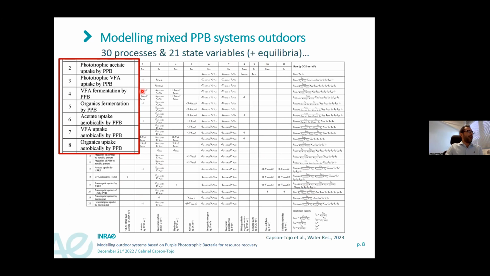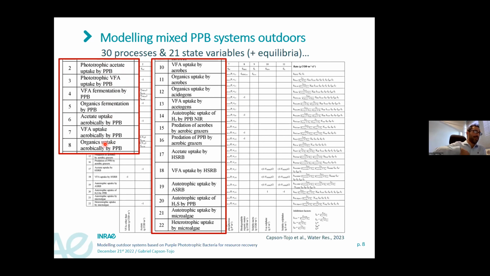But the most important things to consider here: we took into account different metabolisms of PPB. We were forced to separate acetate from the other lumped BFAs because their uptake kinetics were different. But you can see here that we included phototrophic growth of PPB, fermentation by PPB, and aerobic respiration by PPB also.